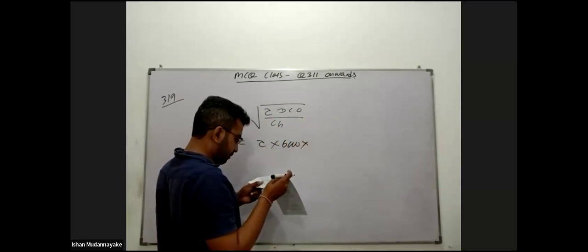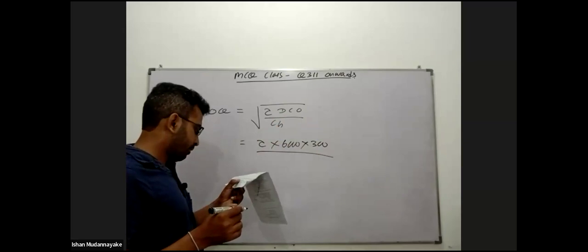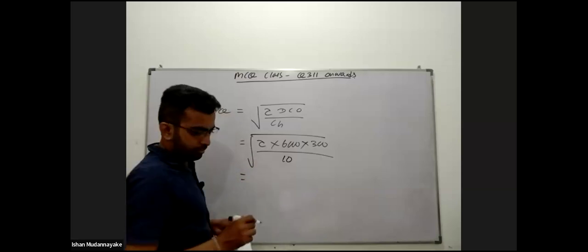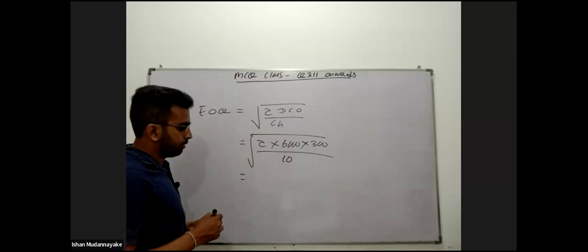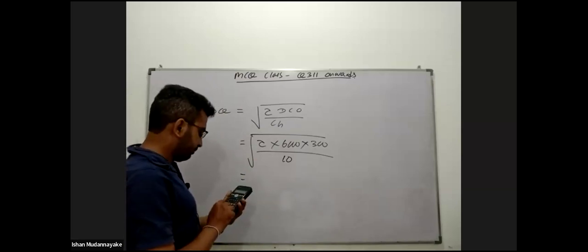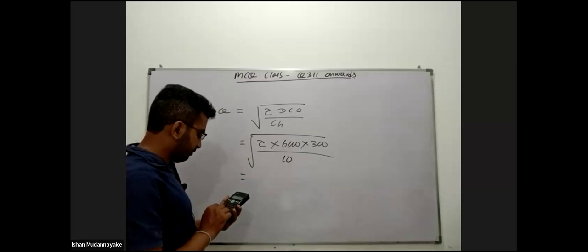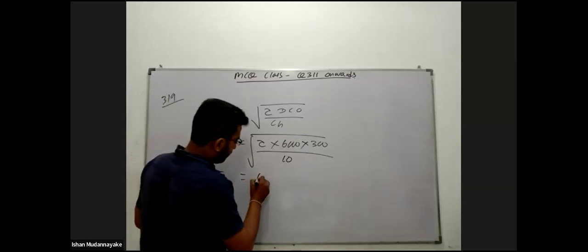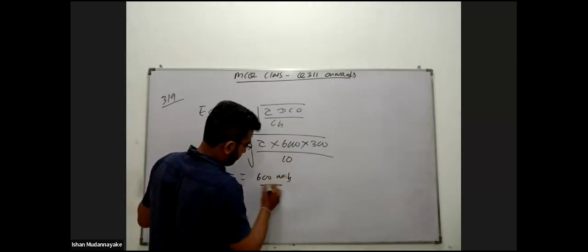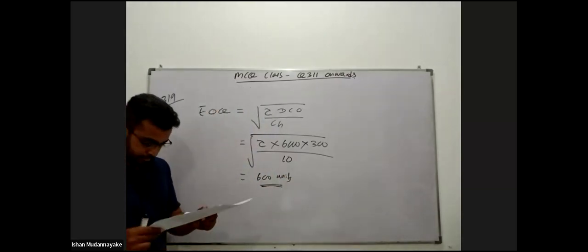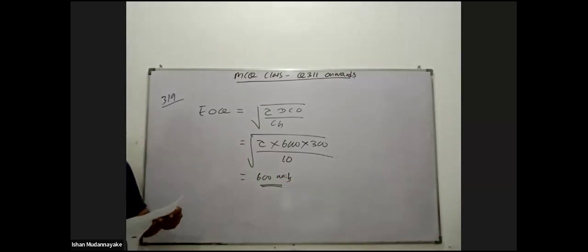Cost of ordering is 300 per order, divided by the unit holding cost of 10. The answer is 600 units. Okay, then clear.